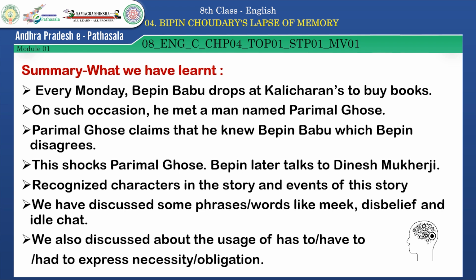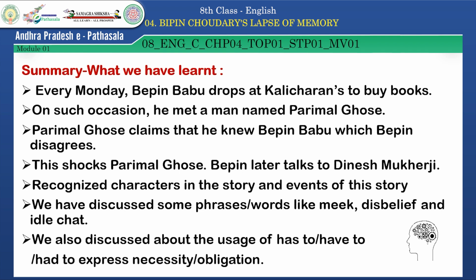So, we have 3 characters till now, right? We recognized characters in the story and events of the story also. We have discussed some phrases or words like me, disbelief and idle chant. We also discussed the usage of has to, have to, had to to express necessity or obligation.